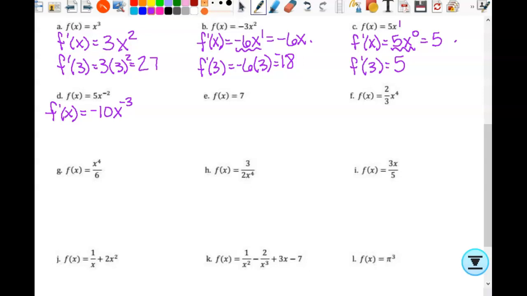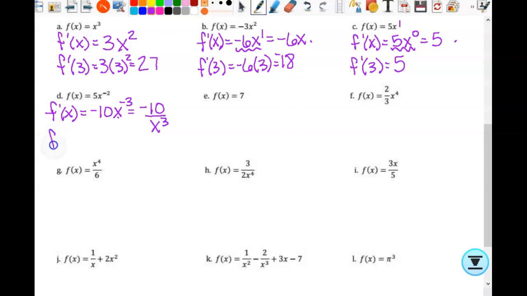It's not a fractional one, we're going to get there, that turns it into a root. But the negative ones just tell you it should be in the denominator, like the reciprocal. So this is the same as 1 over x cubed. So that means that here I've got -10 over x cubed. Because x to the -3 power is just 1 over x cubed. Okay, we okay with that?